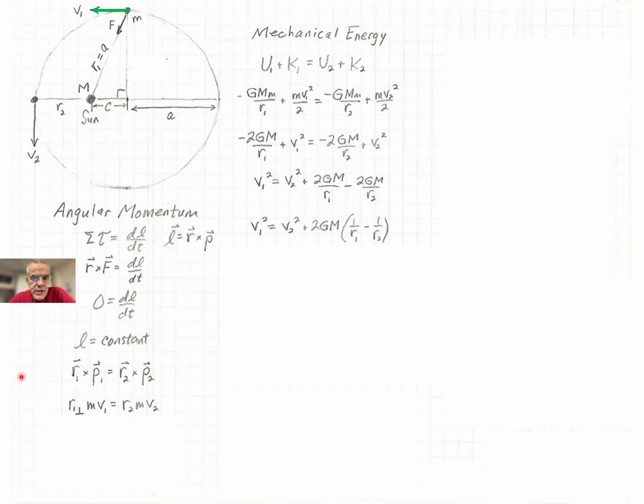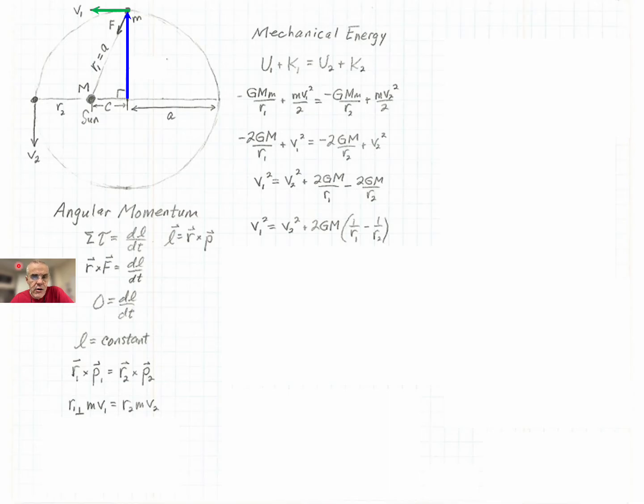V is in this direction, tangent to the ellipse, and then R perpendicular is this. That's the component of R. R1 has components, I can imagine, and that would be like the Y component of R1. That component is perpendicular to the momentum vector, which would be in the same direction as V1, the velocity at that point.